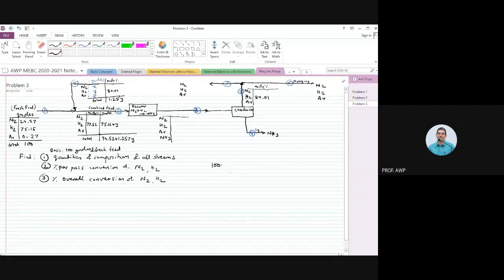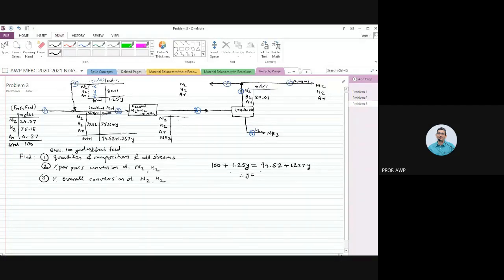So 100 is the total moles of stream number 1, and 1.25 Y is the total moles of stream number 8. Therefore the total moles of stream number 2 must be 100 plus 1.25 Y. But we also know from the hydrogen composition it is 94.52 plus 1.257 Y, and therefore we can solve for Y.